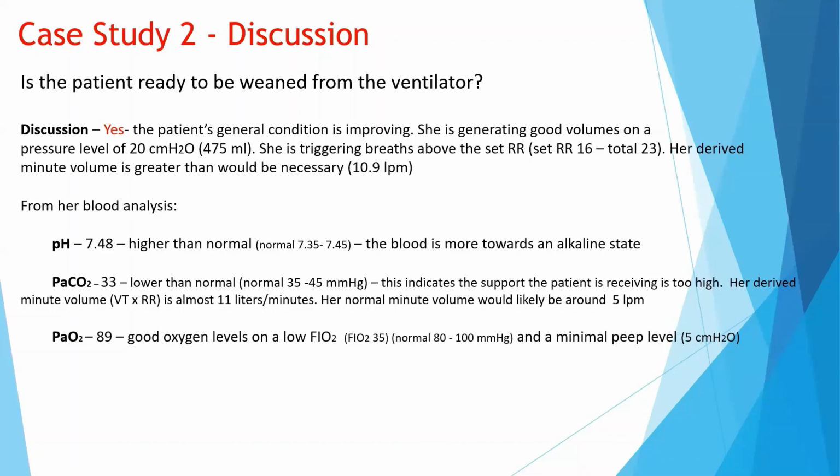The PaO2 at 89 shows good oxygen levels on a fairly low FiO2 and a minimal PEEP. Her oxygen saturation finger probe shows a good level of oxygen saturation at 96.